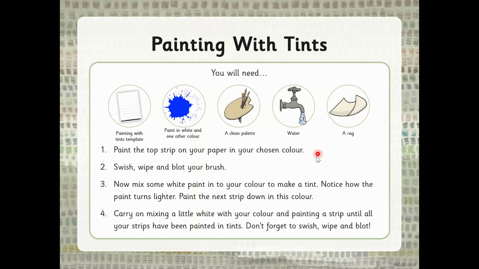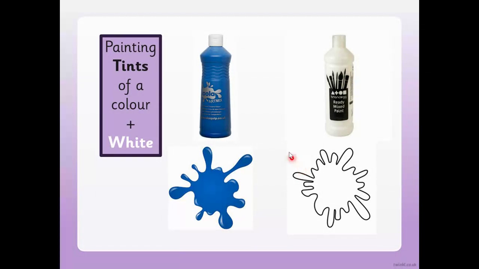So you are basically going to be creating a picture using blue or a colour of your choice, but here I've decided to use blue as an example, and white. And painting tints of a colour plus white is going to be what you're doing today.